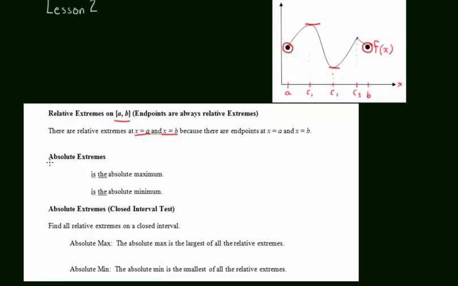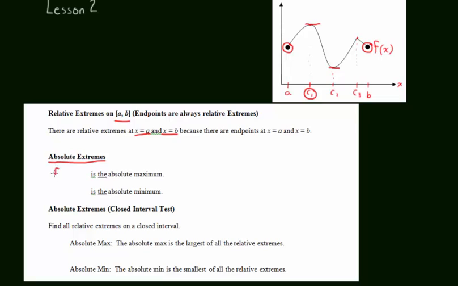Then we go to this term called absolute extreme. So absolute, global, universal. That means what is the biggest value? A lot of people here will say C1 is the biggest value, but C1 is not the max, it's where the max occurs. So we have to be careful with that.